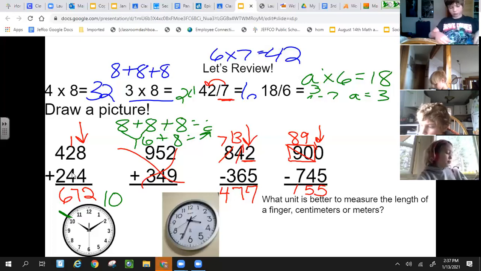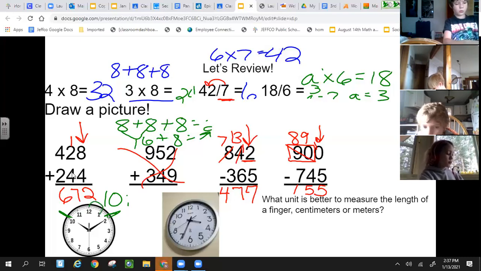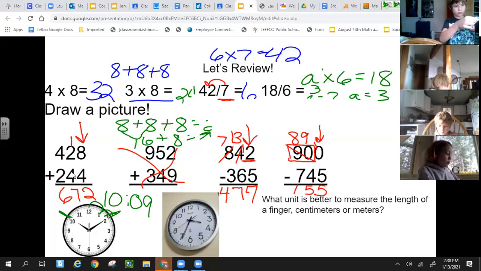And the other one, if you go to the 1, that's 5. And then the 2, it's not quite on the 2. It looks like one below. So I think it's 9. I think it is 10:09. Excellent. If it is 10:09, and I am with Mrs. Harrison in EL, Max, is it AM or PM? AM. Yes, good job.